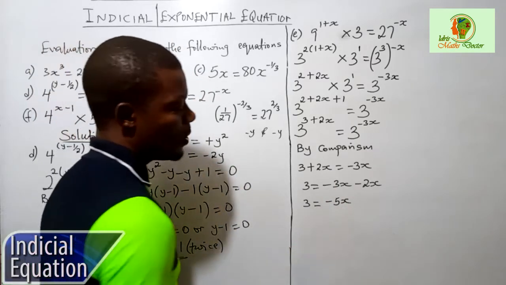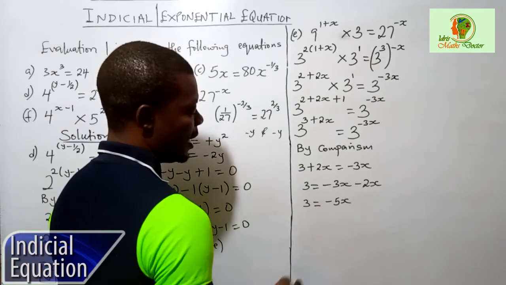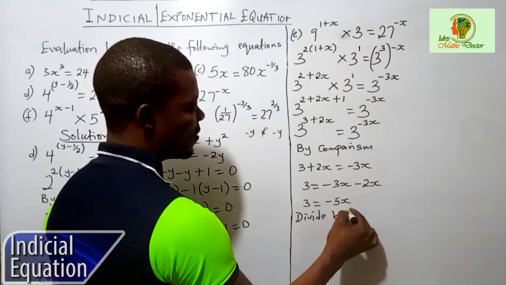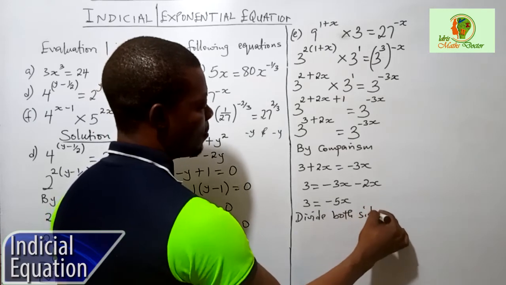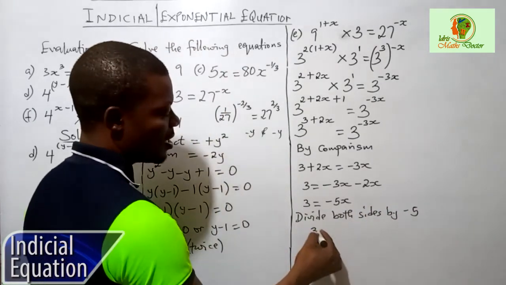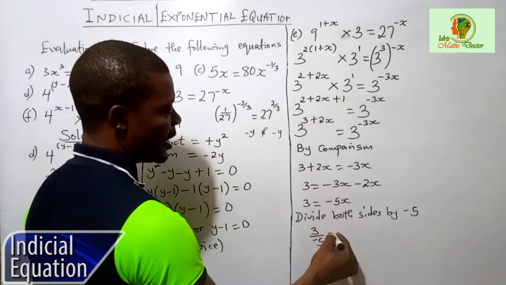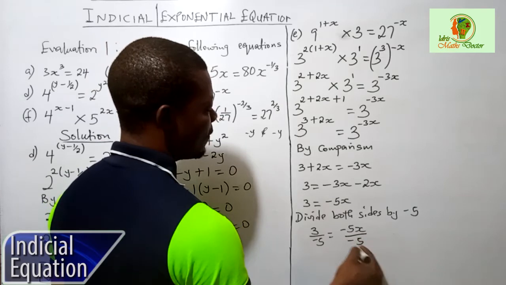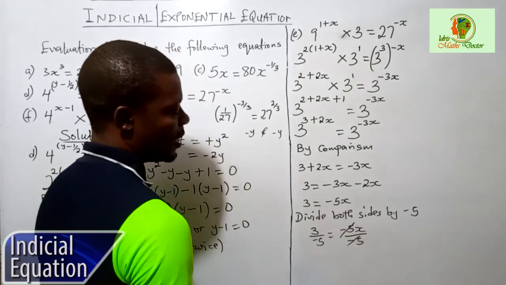We are solving for x. What is disturbing our x? It is minus 5. We divide both sides by minus 5. So that gives us 3 all over minus 5 equal minus 5x all over minus 5. Minus 5 cancels minus 5.